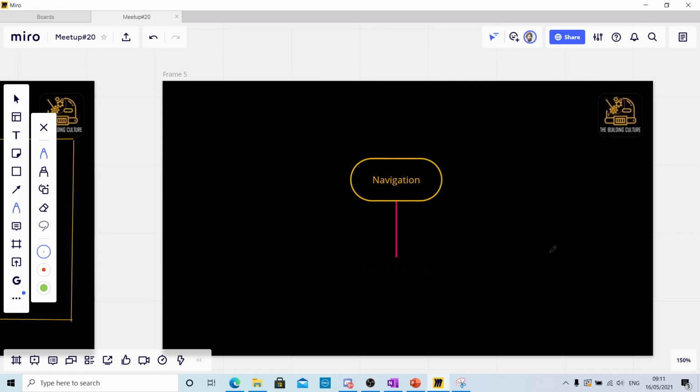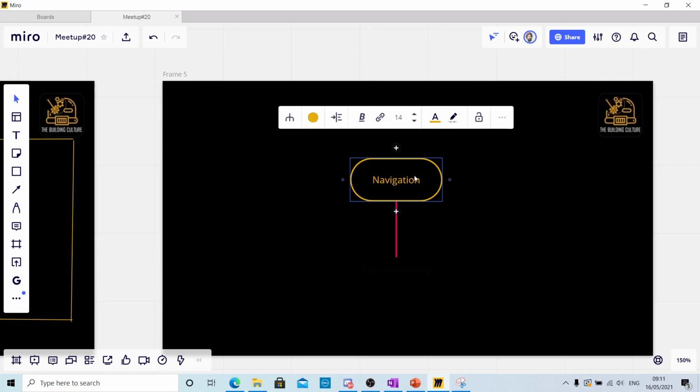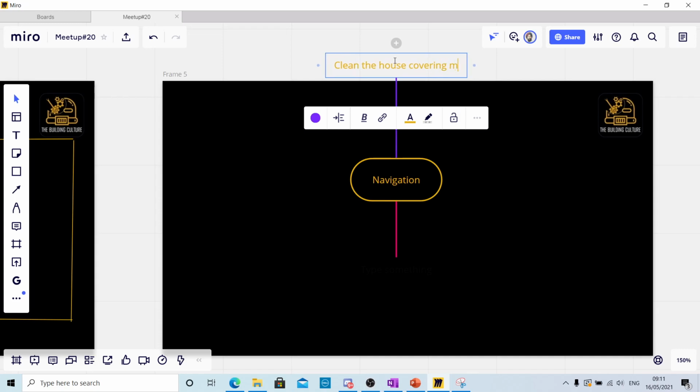So basically, to clean the room, and here's where you can write your suggestion as well. So the task is to clean the house covering maximum area, covering actually the entire area.